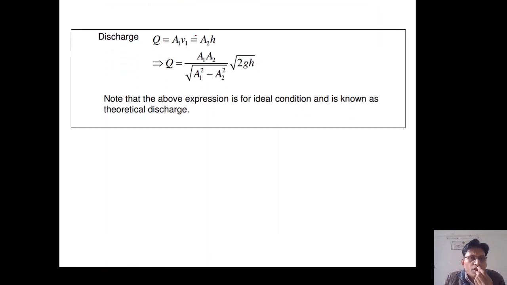This is the formula for discharge. You can see here Q equals A1 A2 times the square root of 2gh, upon the square root of A1 squared minus A2 squared. So here h is the difference of the height of the mercury, and A1 and A2 are the areas.